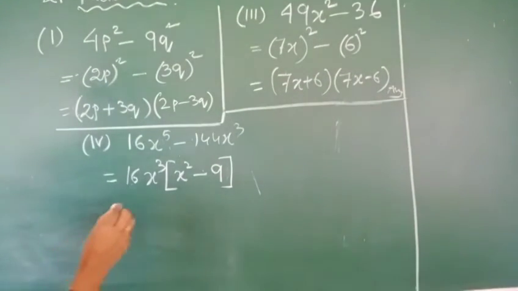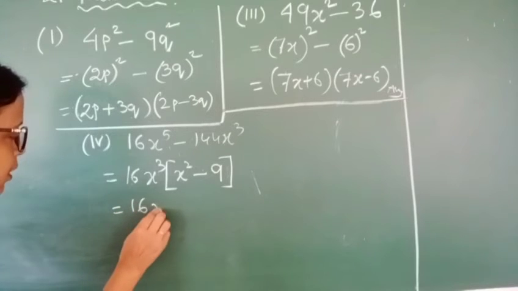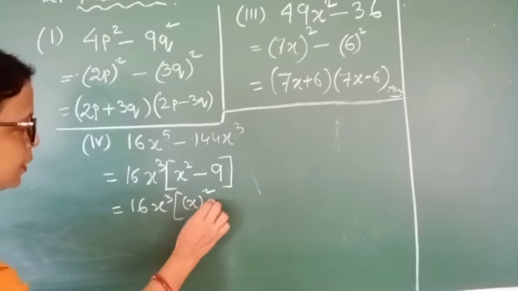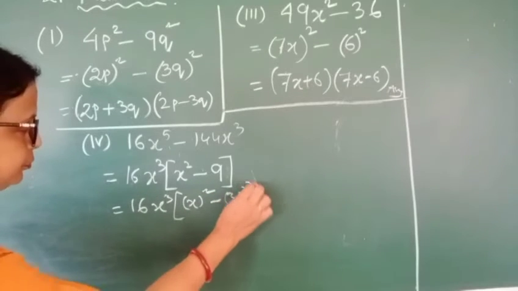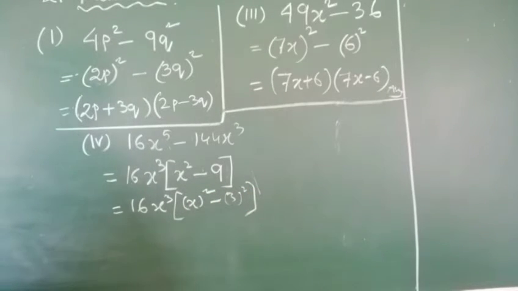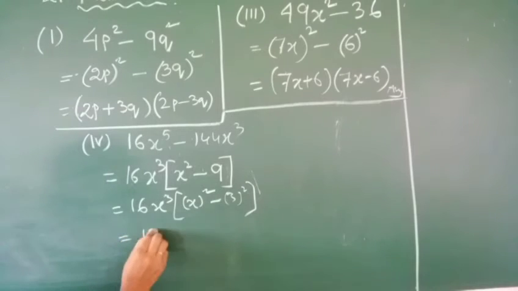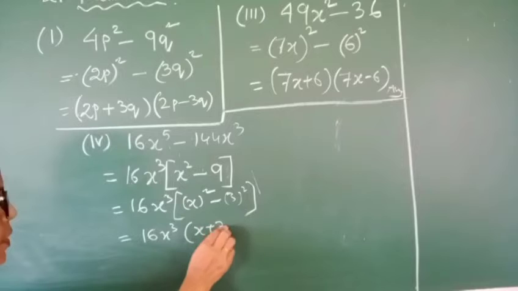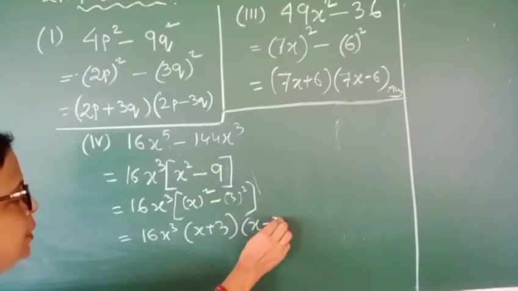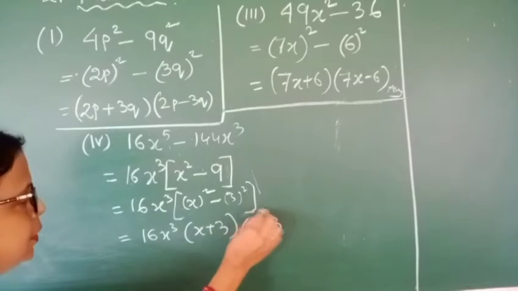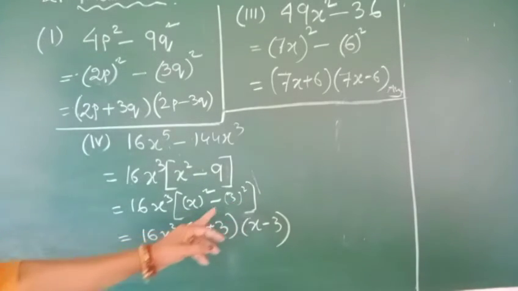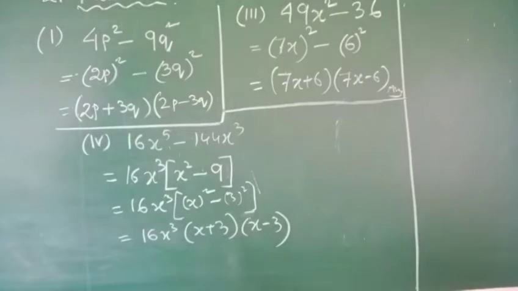Let's try. 16x cube, and we can write (x square minus 3 square), so it is 16x cube, keep it as it is, then (x plus 3) into (x minus 3). It fits with the a square minus b square identity, so (a plus b) into (a minus b).